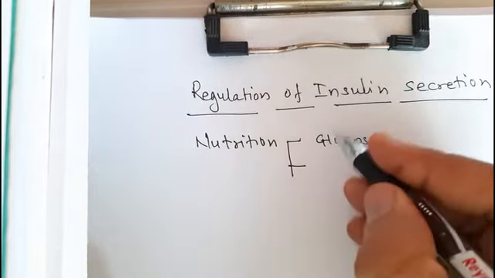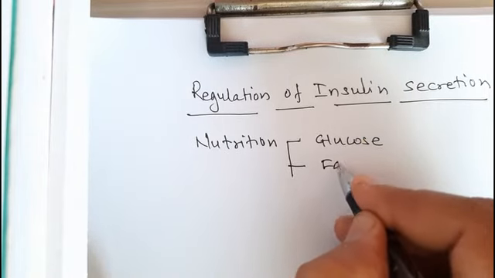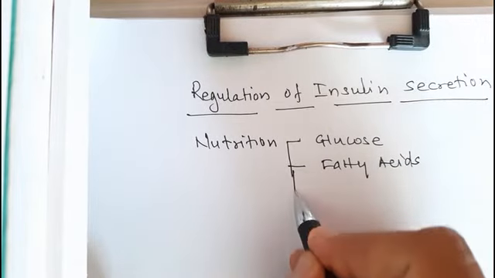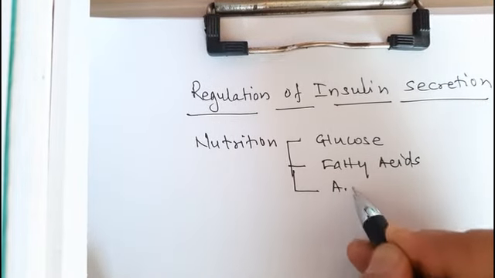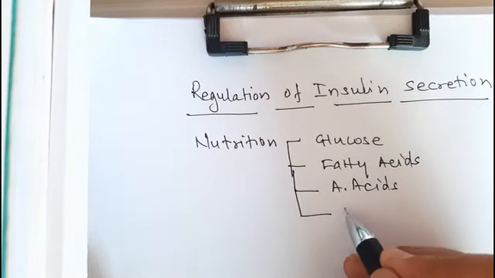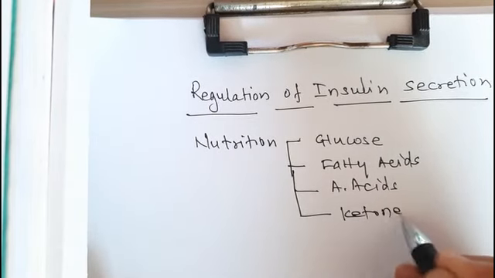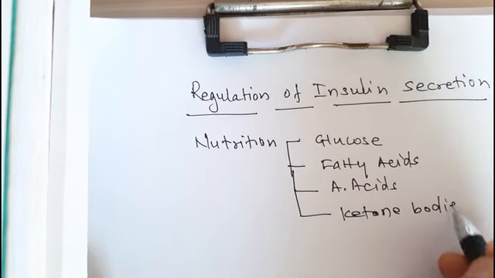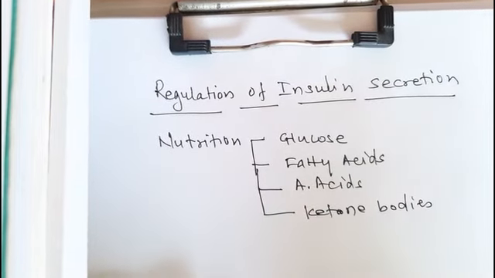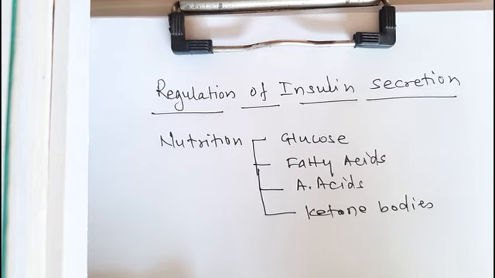Then other things also, like fatty acids, then amino acids, then increased concentration of ketone bodies. They also act as a stimulus for secretion, or regulate the insulin secretion.